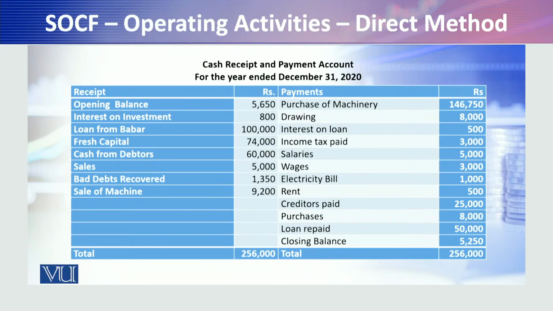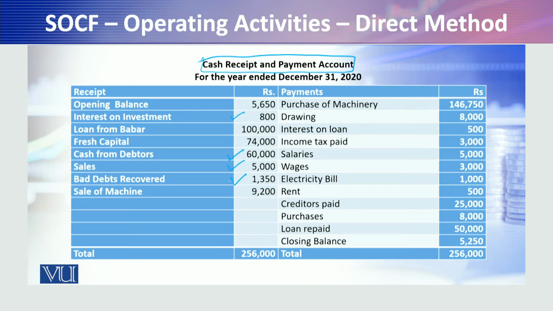Well, let's go through this straightforward illustration in which there is a cash book, a cash receipt and payment account. In this account, we have different types of cash receipts appearing on its receipt side: interest on investment, loan from barber, fresh capital, cash from debtors, sales, where we have received cash, and bad debts recovered.